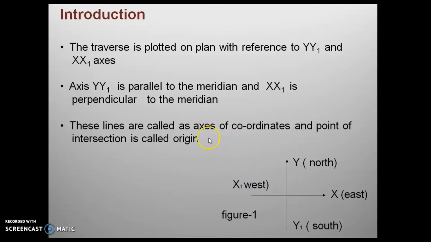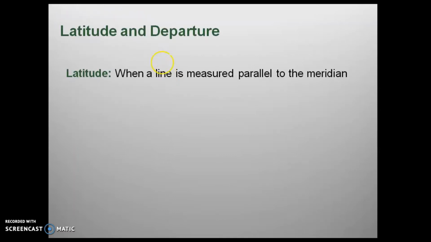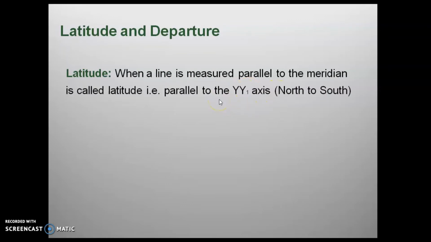So what do you mean by a latitude? Coming to our present topic, what does latitude mean, what does departure mean. When a line is measured parallel to the meridian, it is called a latitude.